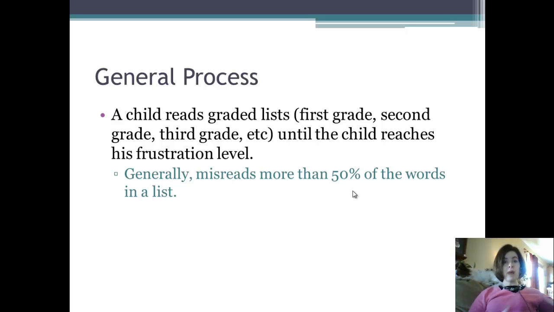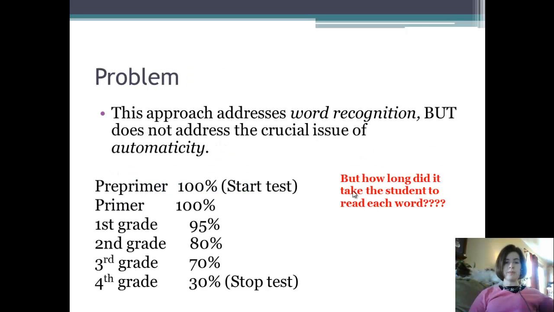This helps them to practice what you want them to do. It also helps to build their confidence. So we start at the very first list, and then we keep giving them lists until the child reaches his frustration level. This generally happens when the child misreads more than 50% of the words on a list. So we keep going until they're at their frustration level.